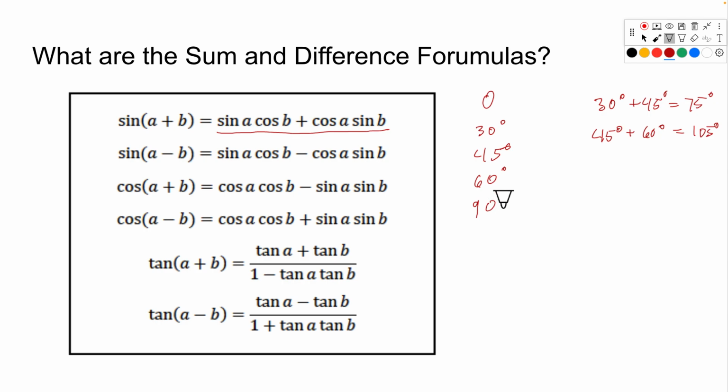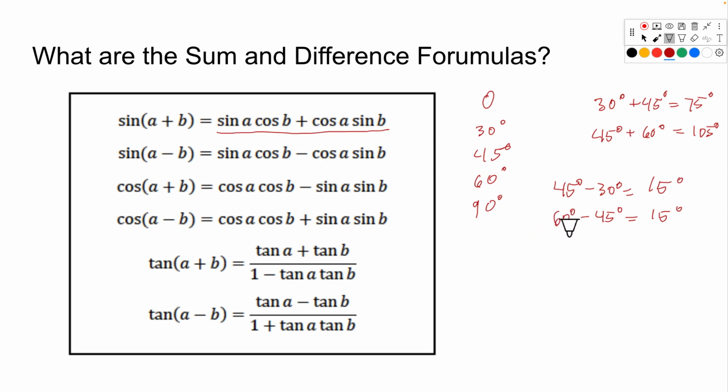We could use the subtraction ones, like 45 degrees minus 30 degrees. That gives us the exact value for a 15 degree angle. The other one, we could do 60 degrees minus 45 degrees. That's also 15 degrees. So there are two different ways to get to 15 degrees.